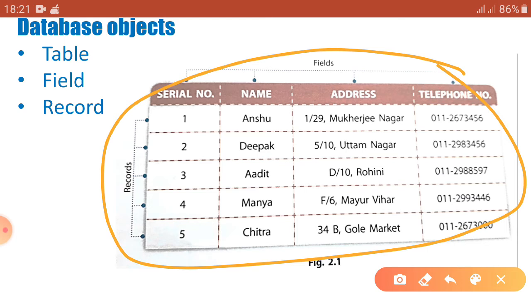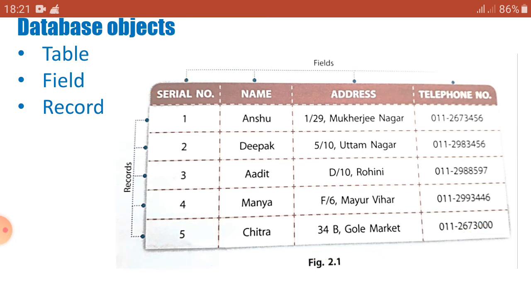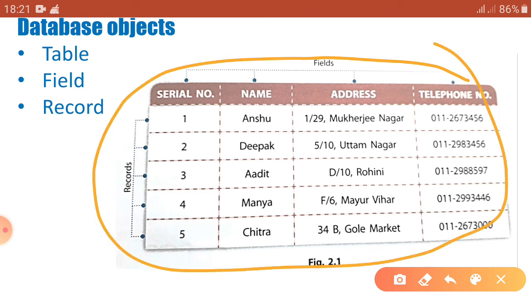So in a database we can make one table or more tables. So the basic question is, what is a table? A table is the basic building block of a database that contains data in the form of rows and columns. So here all the data is already entered in tabular form.